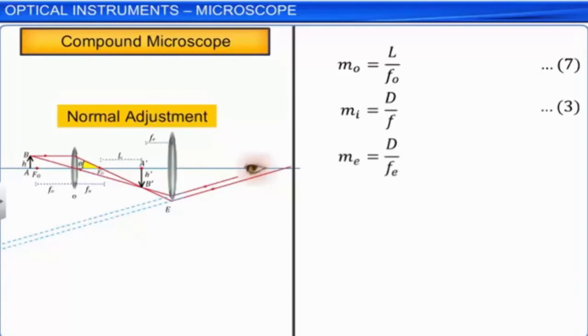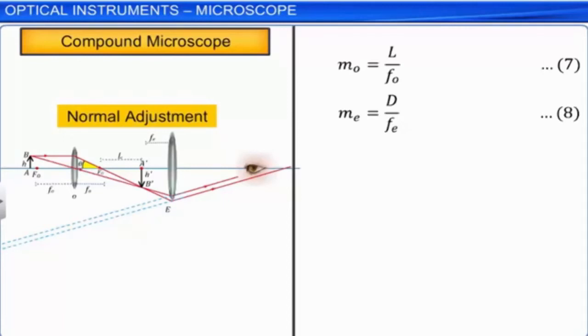Substituting the values of MO and ME from equations 7 and 8, we get M is equal to L by FO into D by FE. That means, when set for normal adjustment, the magnifying power of a compound microscope M is equal to L by FO into D by FE.